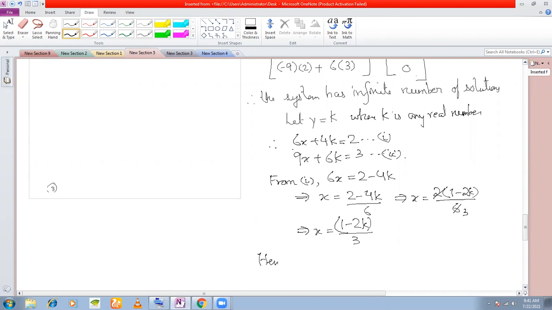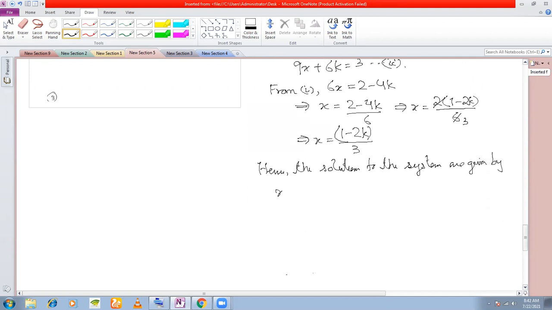Okay. So what is the solution? Hence, the solutions to the system are given by x is equal to (1 minus 2k) divided by 3, y is equal to k, where k is any real number. Now you understand why we are getting infinite number of solutions.